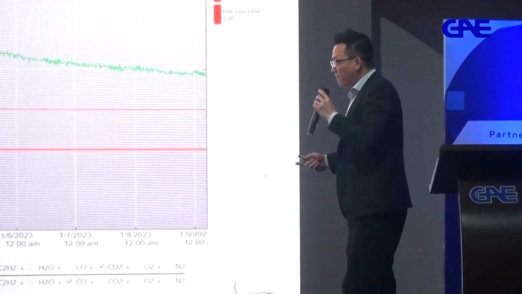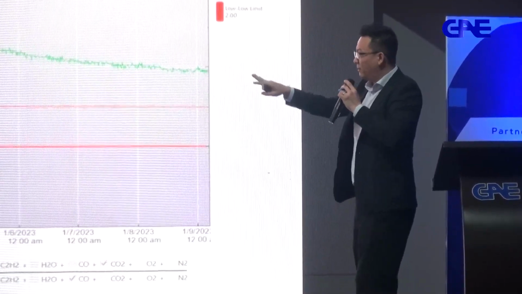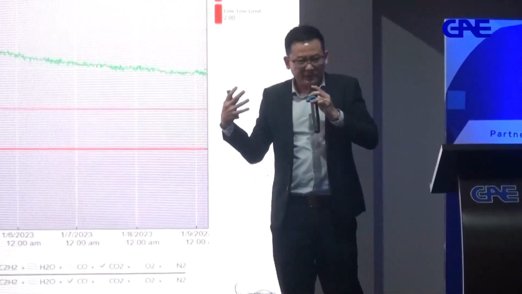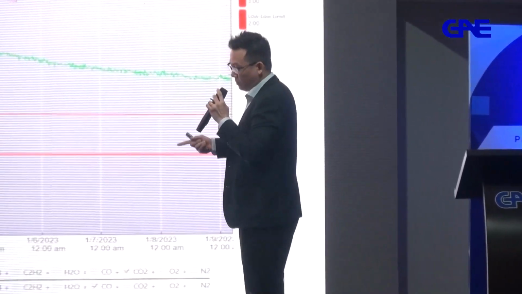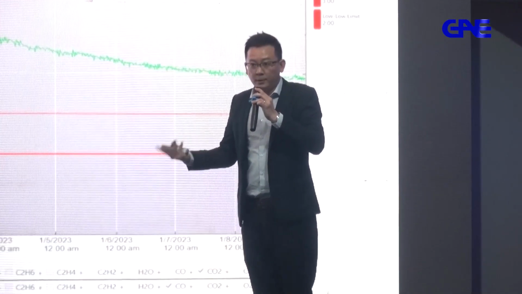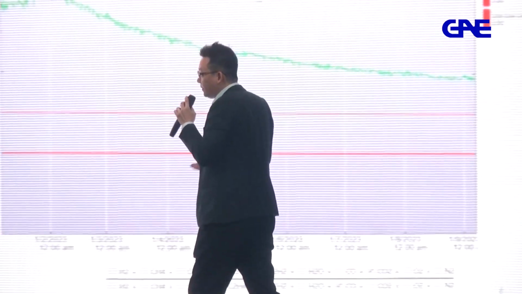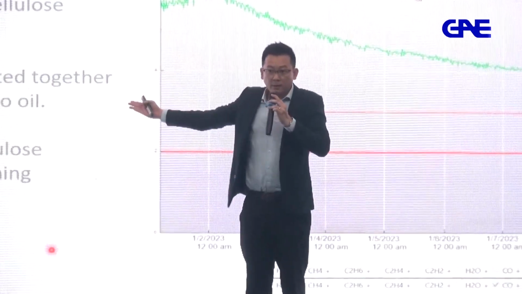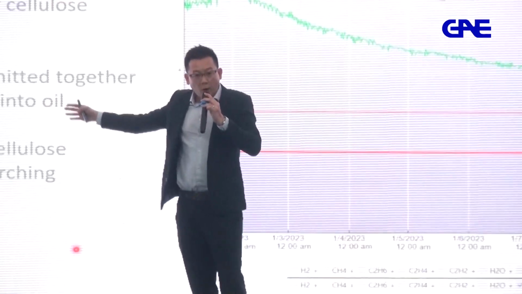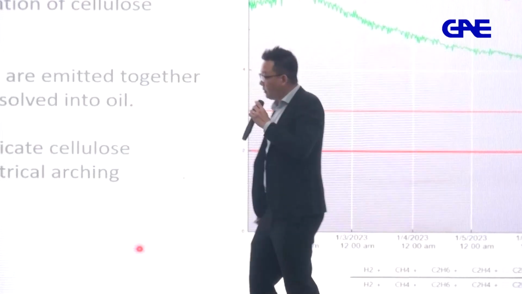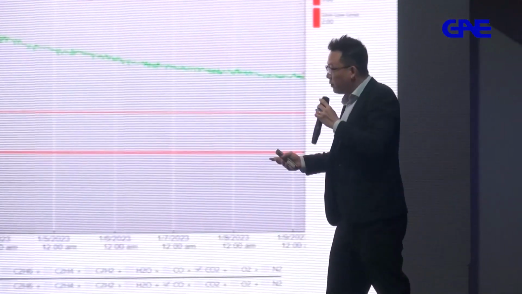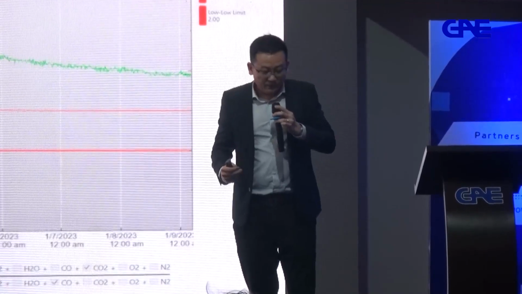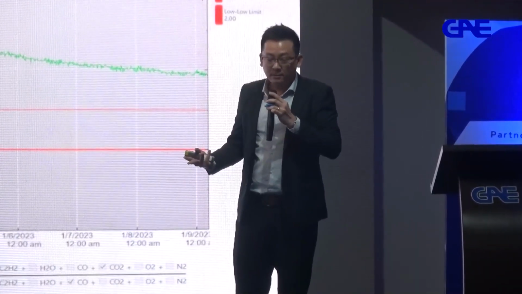So in the event of thermal heat decomposition, oil decomposition, chemical substances will be produced, especially carbon monoxide and carbon dioxide, and all this will dissolve into the oil. Then of course, the ratio CO2 over CO will actually indicate to you the cellulose deterioration or whether there's electrical arcing.